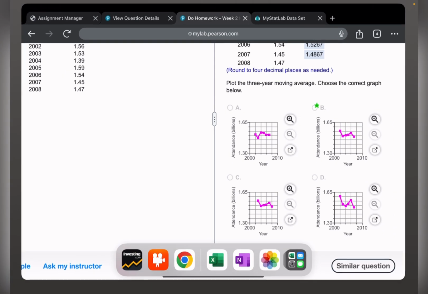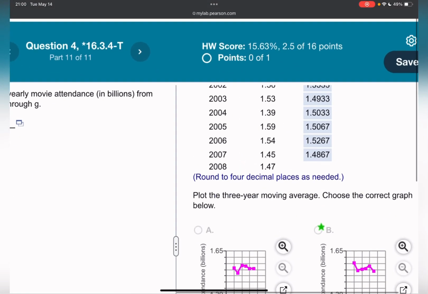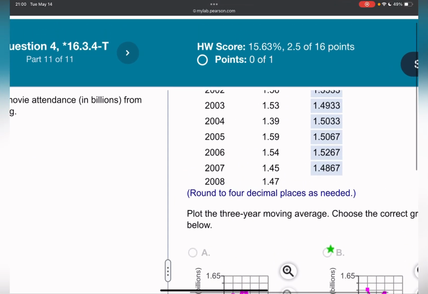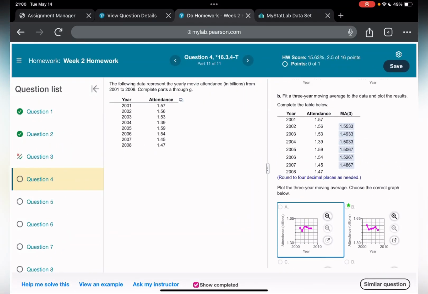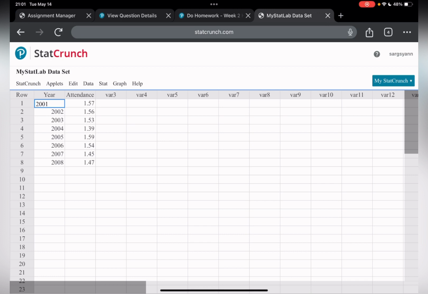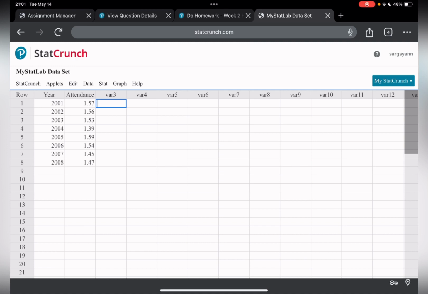Let me see if I can do it. I need to take a picture of it. Let me open. I'm not going to clean attendance, but I'm going to ignore it. So it's going to be here.